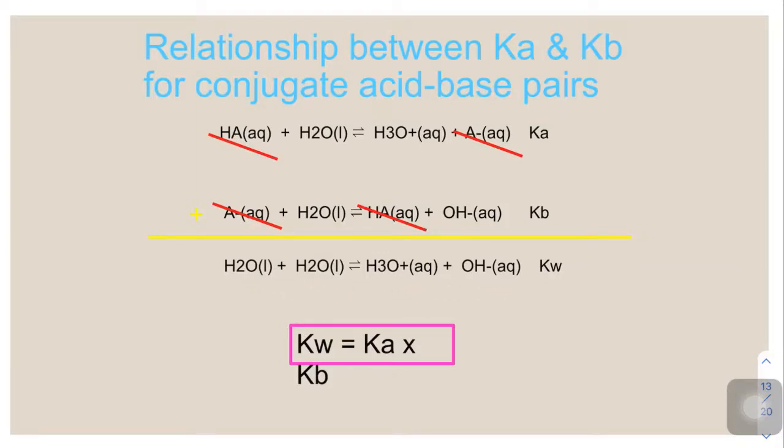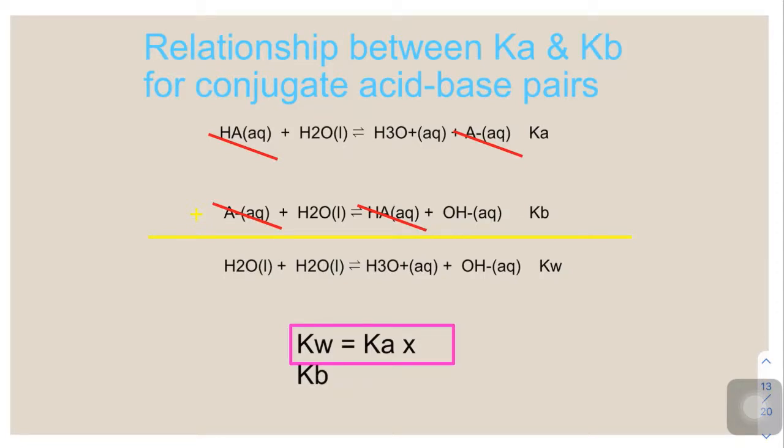By cancelling HA with HA, A minus with A minus, we get H2O plus H2O is equal to H3O plus hydroxide ion. So this is the overall equation of these two. Remember, the first step is the acid dissociation process, the second step is the base dissociation process, and they are conjugate acid base pair.